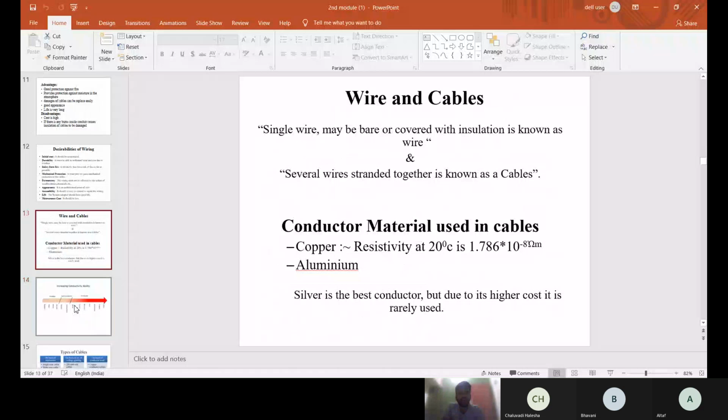Several wires, single core or multi-core conductors, are wound together. If these wires are insulated, these kinds of wires are called cables. That is, several wires wound together with insulation is called a cable, and a single wire which is bare.